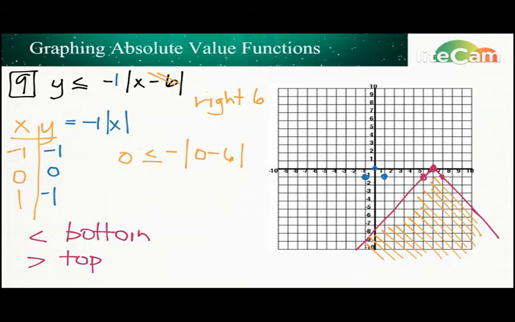The absolute value is 6, but it still makes negative 6 because of that negative in the front. So 0 is not less than negative 6. This is not a true statement. So we know that we're not supposed to be shading on the outside right here. Therefore, we know we're right.